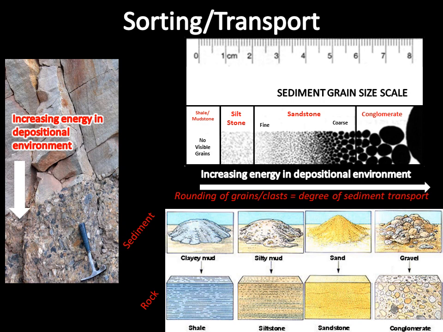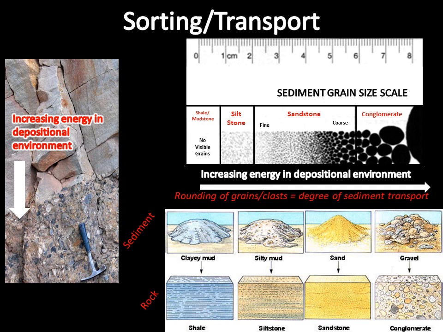In bodies of water that are moving slowly, only smaller pieces of material can be picked up. As energy decreases, bigger rocks fall out or are deposited, making conglomerates, followed by sandstones when the energy decreases again. When the energy is gone, the smallest sediments can fall out. These would be the sediments that would make things like mudstones.